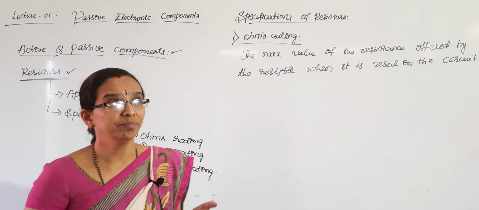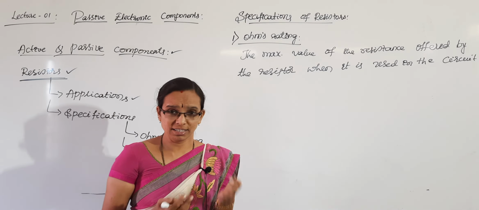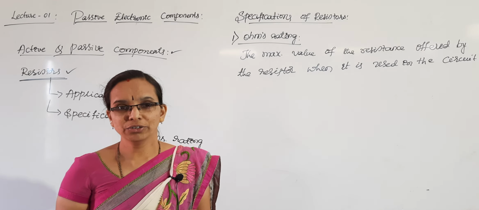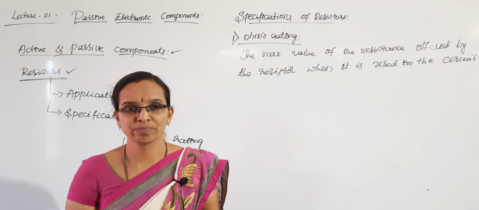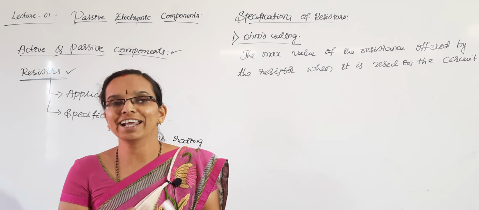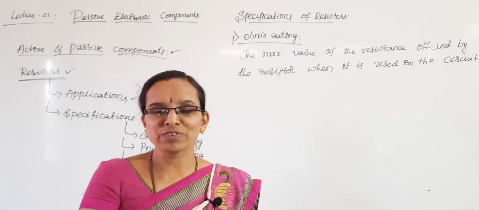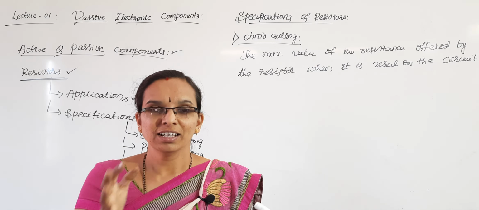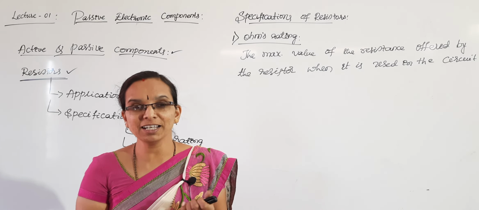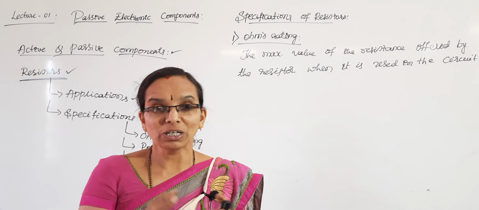In the same way, when you are using a resistor, you should know the specifications of that resistor. If you are going to purchase a resistor from the shop, nobody will purchase it except for electronics lab purposes or those working in the electronics field, right?